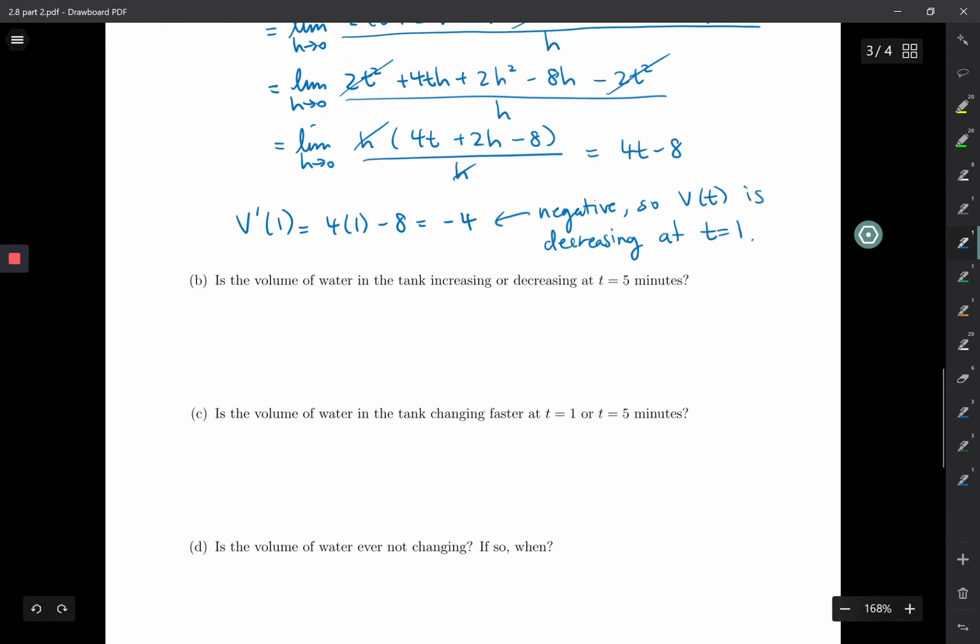Similarly here, we're asked whether the function is increasing or decreasing at 5 minutes, and we've already done all the hard work of finding the formula for v prime. I'm just going to copy that down, and we just plug in 5.